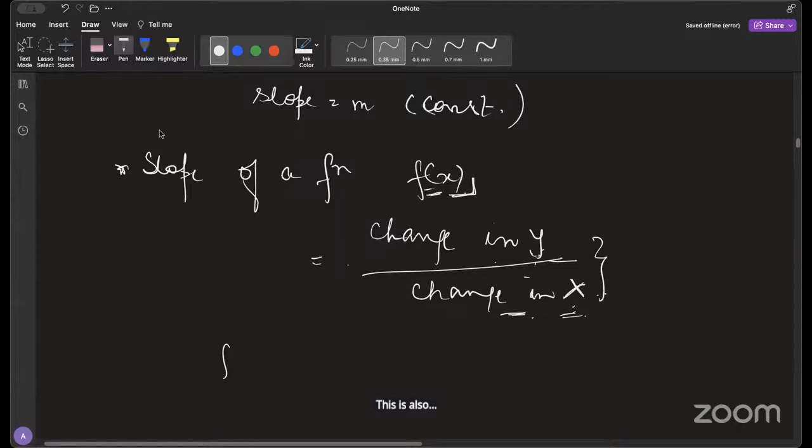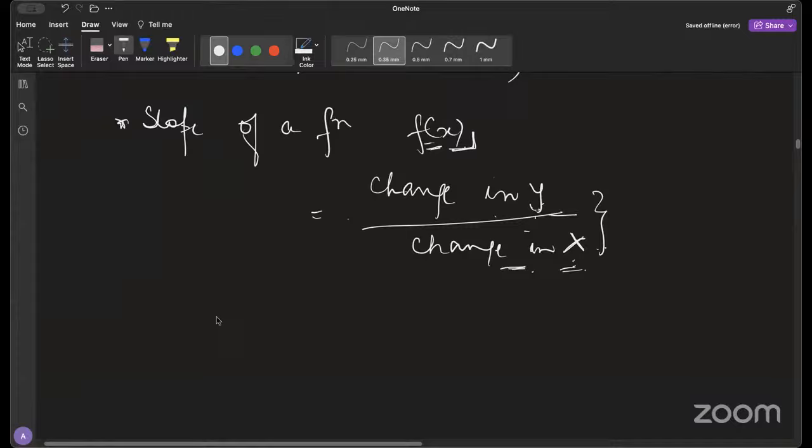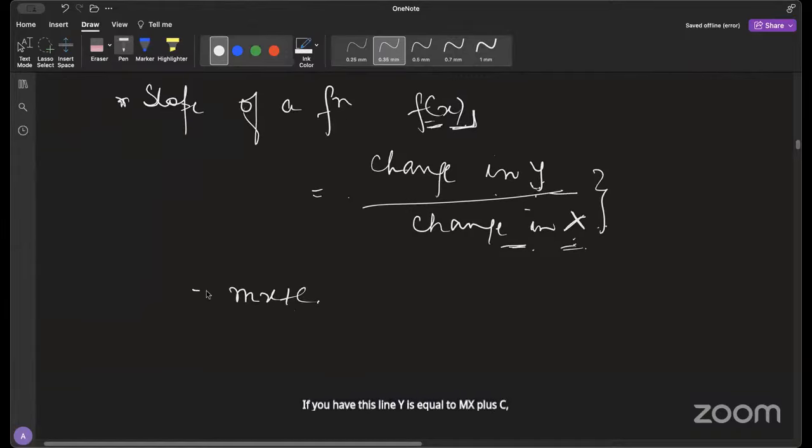Let's say you have the line y equals mx plus c, and you change x by 1 unit, so you'll have x, and then x plus 1.